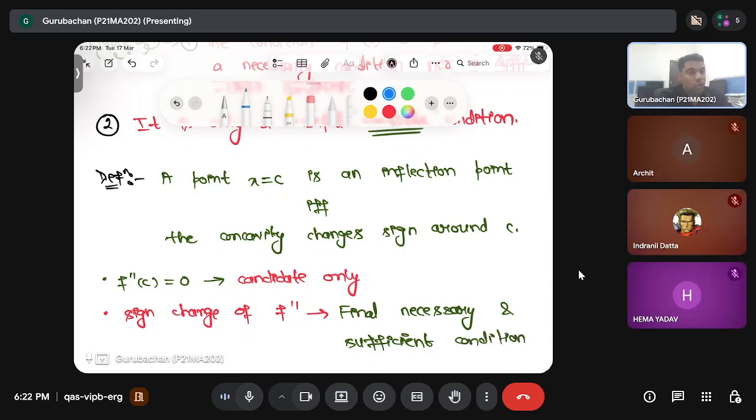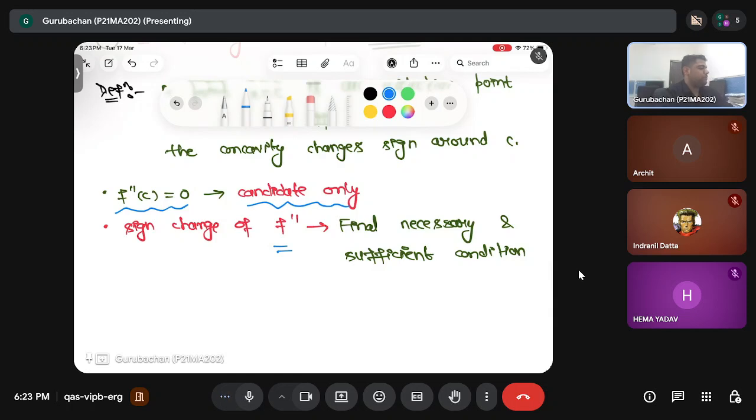So what we have to do is first put f double dash c equal to 0 to see what the possible candidates are. Then we have to see the sign change of this f double dash. If it is happening, then only can we guarantee the existence of an inflection point. Otherwise we say an inflection point does not exist, even if our double derivative is 0 at that point.